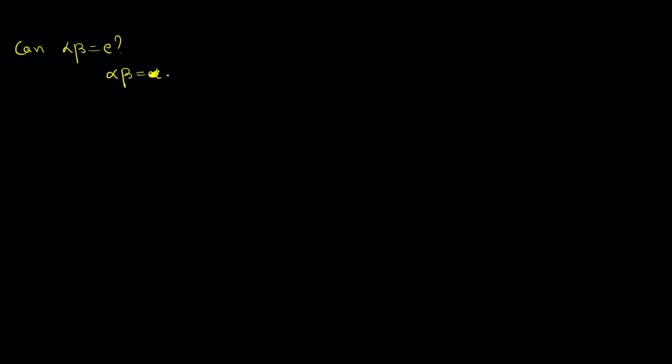Then what will happen? Then that implies that beta is equal to alpha inverse, right? But we know that alpha is of order 2. That means alpha is self inverse, right? Alpha inverse must be equal to alpha.